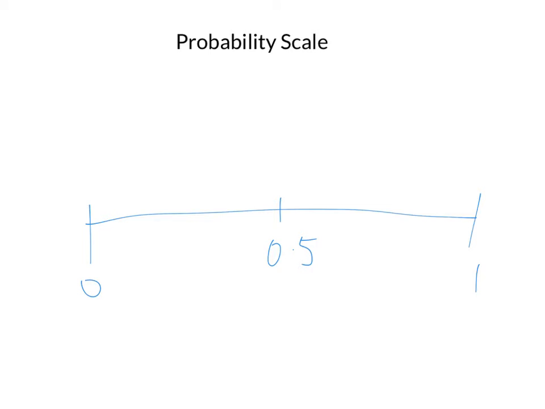If something is roughly 50-50 or equally likely to happen or not happen, we say it's around 0.5. Then if something is unlikely, it's going to be somewhere between 0 and 0.5. Or if something is likely to happen, it's going to be between 0.5 and 1. The closer it is to 1, the more likely it is, and the closer it is to 0, the less likely it is.